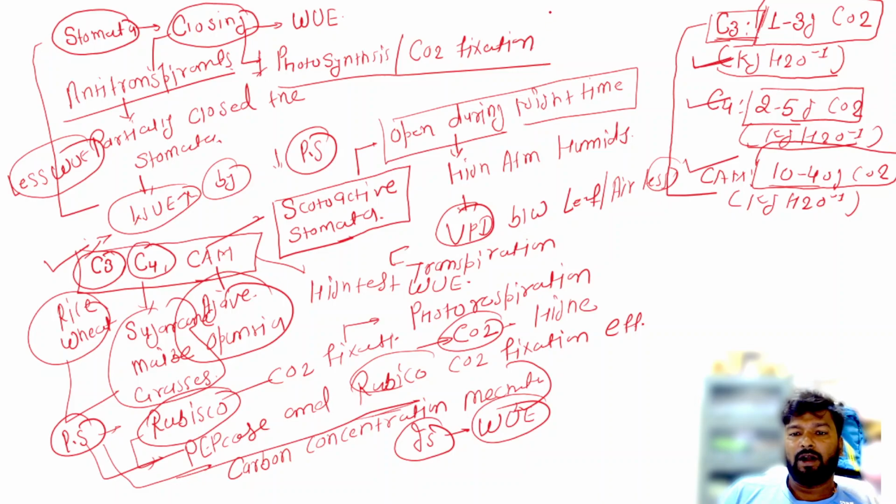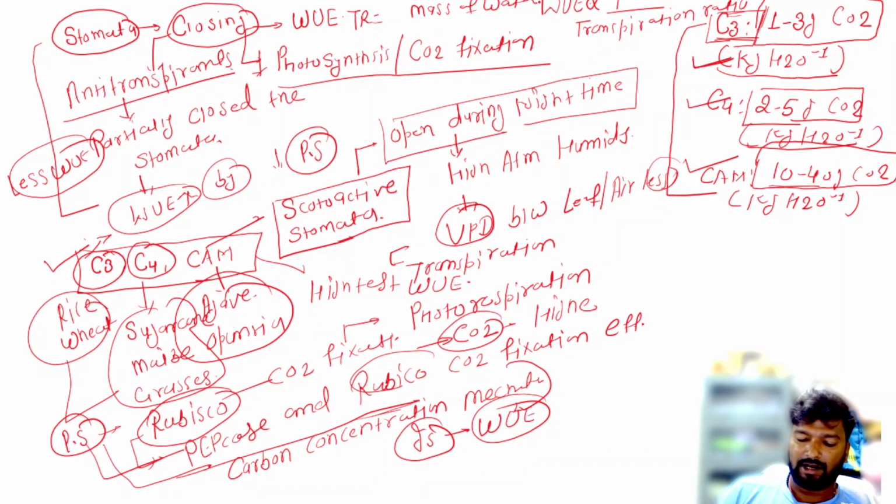Also, the water use efficiency is inversely proportional to the transpiration ratio. Okay. So transpiration ratio is defined as the mass of water transpired upon the dry matter produced. Okay.